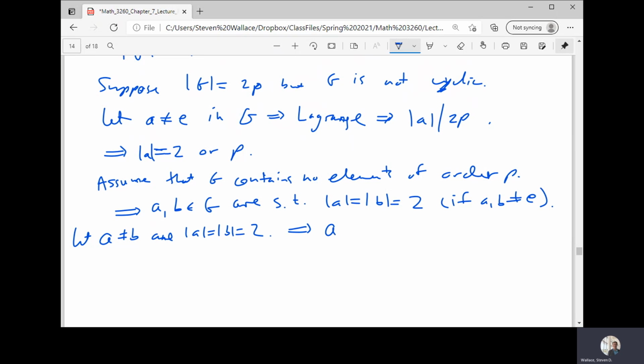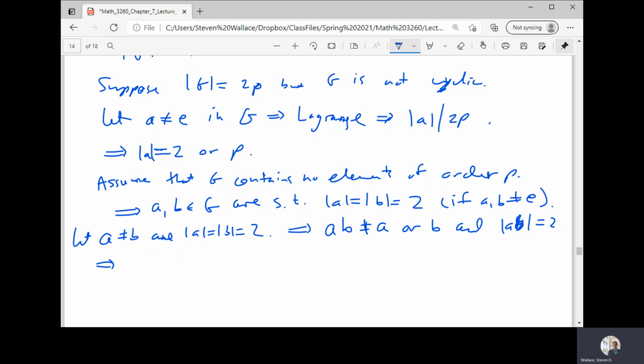Then AB is also not equal to A or B. If it were, then the other one would be the identity, which is not allowed. And AB is a non-identity element, right? So that would be order 2.